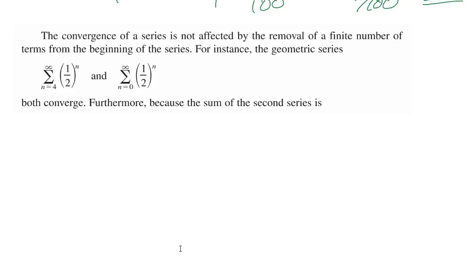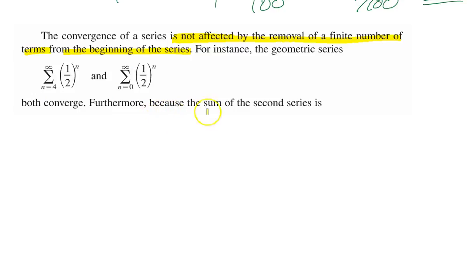Alright guys, the other thing I want you to note here is that the convergence of a series is not affected by the removal of a finite number of terms from the beginning of the series. For example, these two geometric series converge. They both converge. Okay?